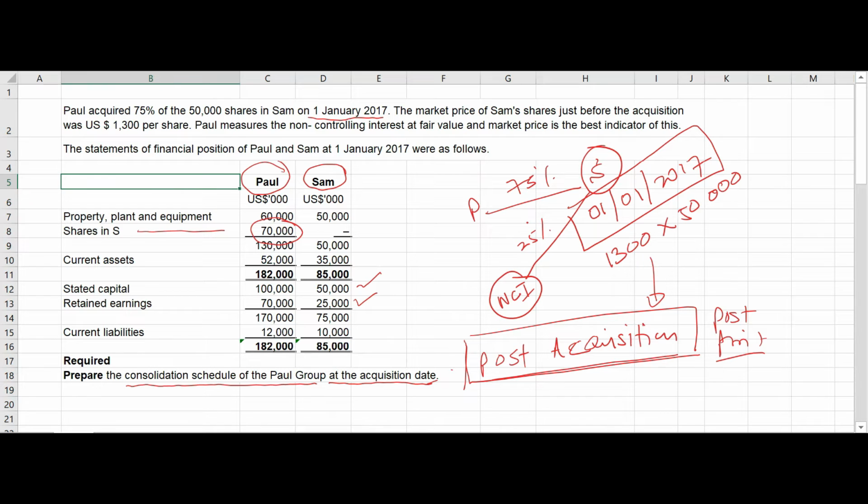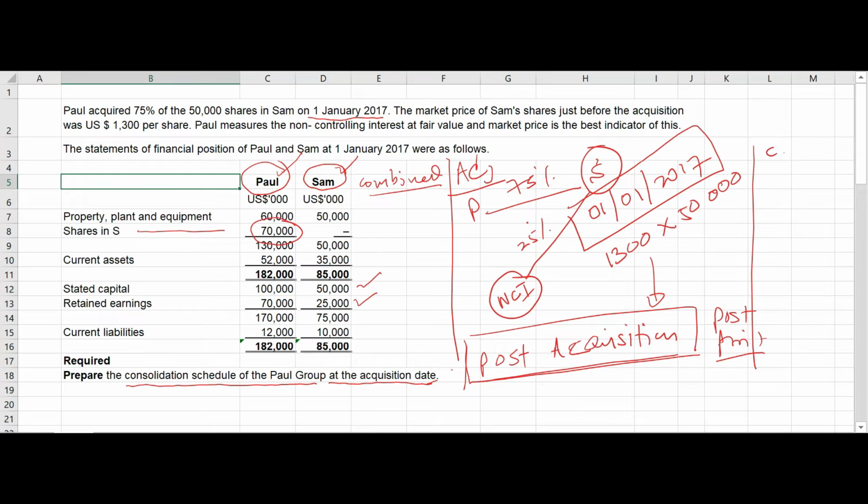In order to prepare the consolidated schedule, we need to combine the financial positions of the parent and the subsidiary company, and take the combined financial position. Then from the combined financial position, we need to make certain adjustments to identify the consolidated financial position.